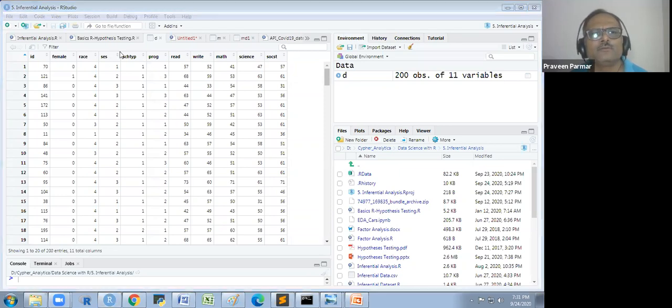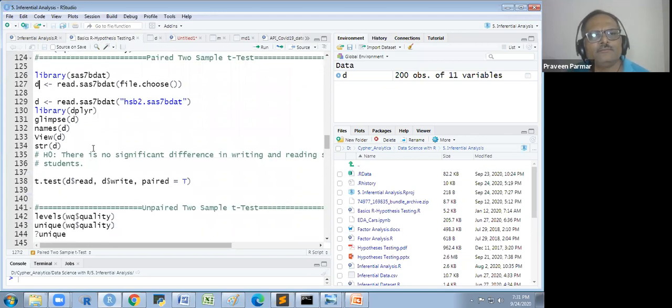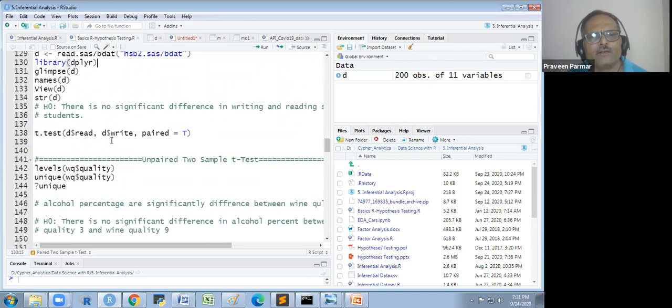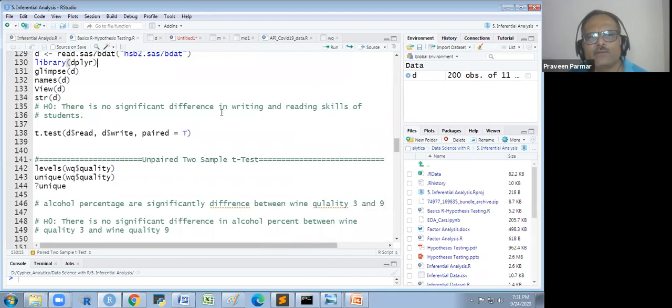Now I am using dplyr, which is not compulsory here, and I am taking one null hypothesis: there is no significant difference in the writing and reading skills of the students. So the same students' writing and reading we are judging.